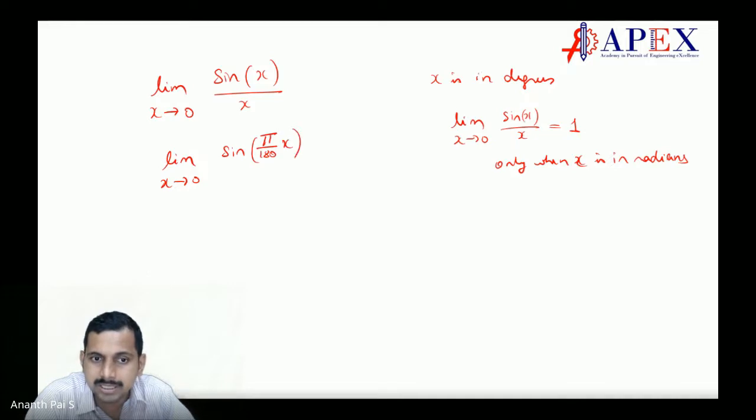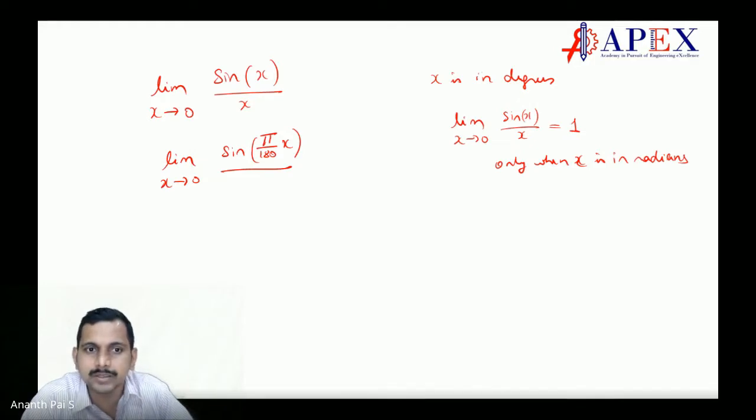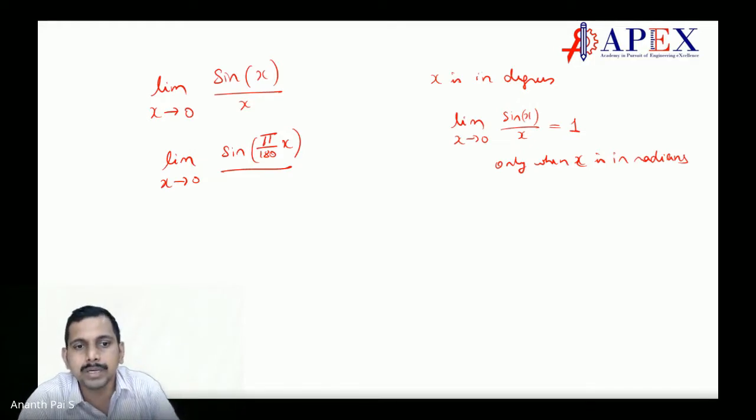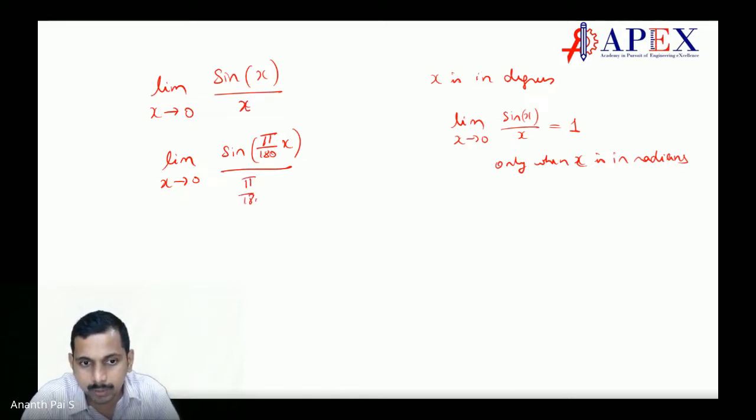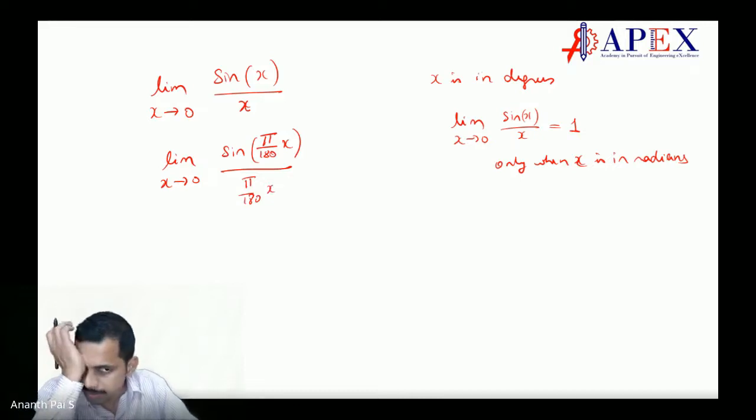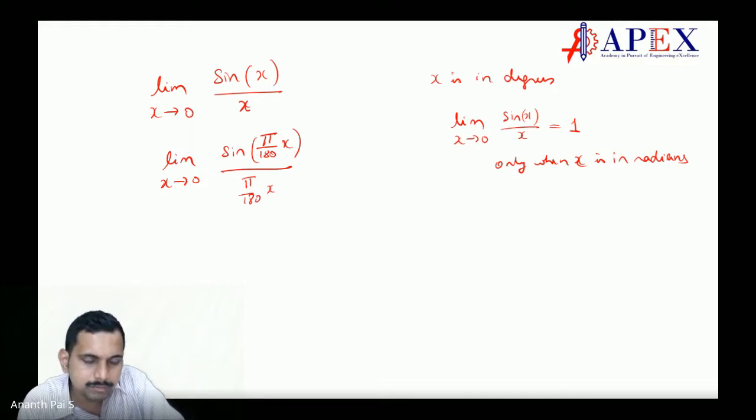Now x is in degrees, correct? But if I directly write it as pi by 180 into x, this is what you're saying, is it not?